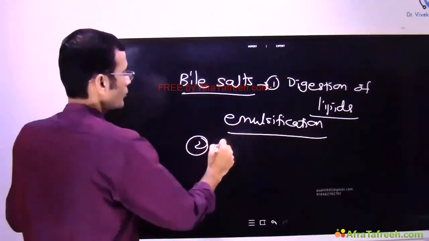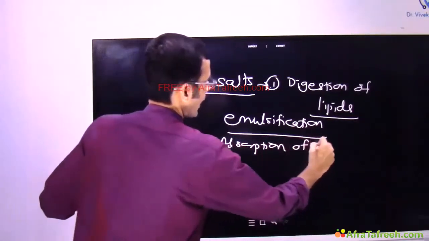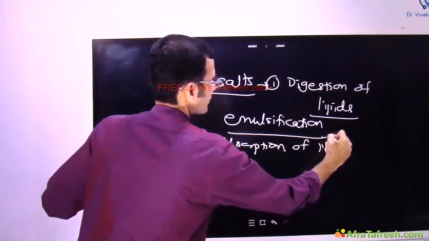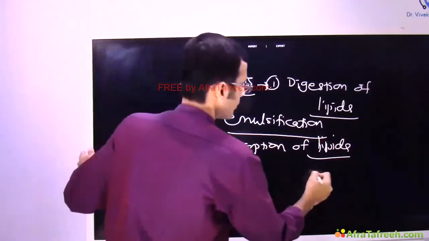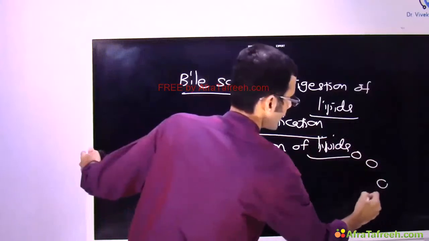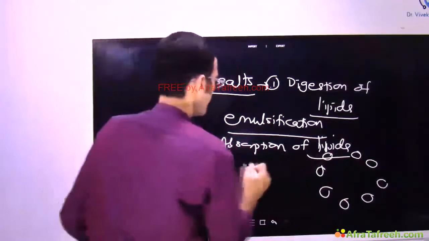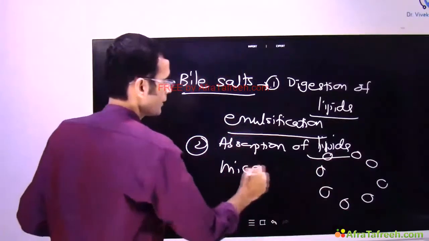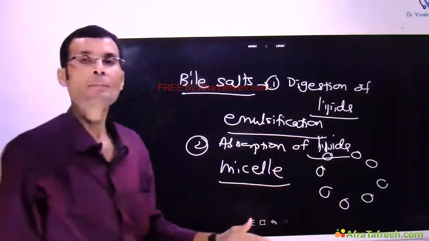Second function of bile salts is in the absorption of the lipids. Now, bile salt molecules, about 20 to 40 bile salt molecules, they come together to form a micelle. A micelle made up of 20 to 40 bile salt molecules.